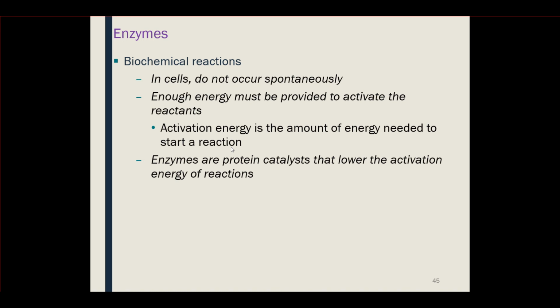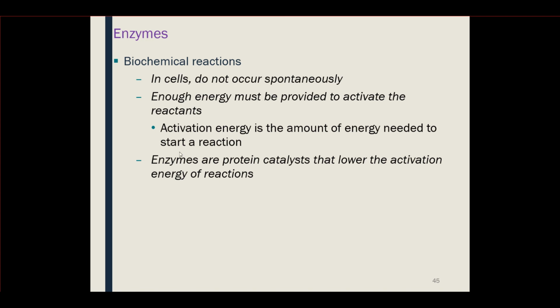Now, like I said, in our body, we don't have little Bunsen burners, right? These little flames to get chemical reactions going. There's really not a lot of energy. So what we have to do in order to get the chemical reaction to take place is we have to lower this energy requirement that we got to put in. We have to lower the activation energy.